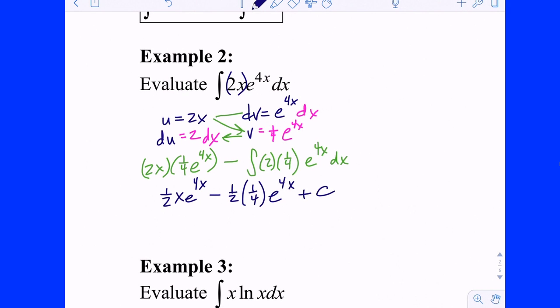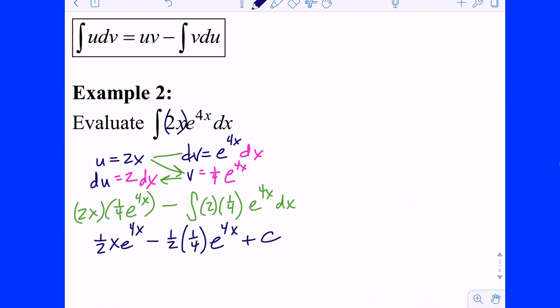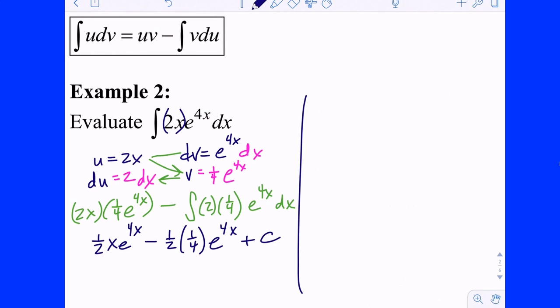What would happen if you misidentified u and v? Have you thought about that already? Would it work the other way? Let us try. If we let u equal e to the 4x, then du is going to be 4e to the 4x dx, technically.